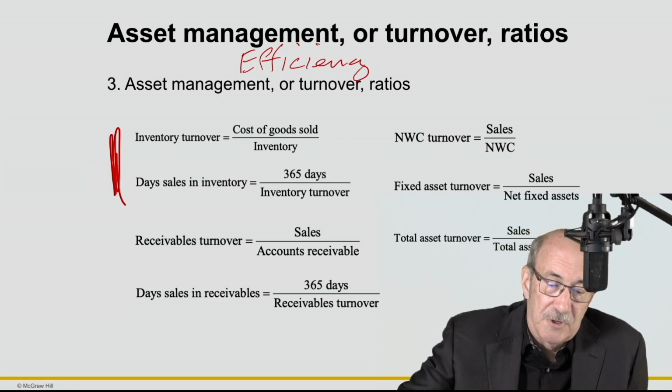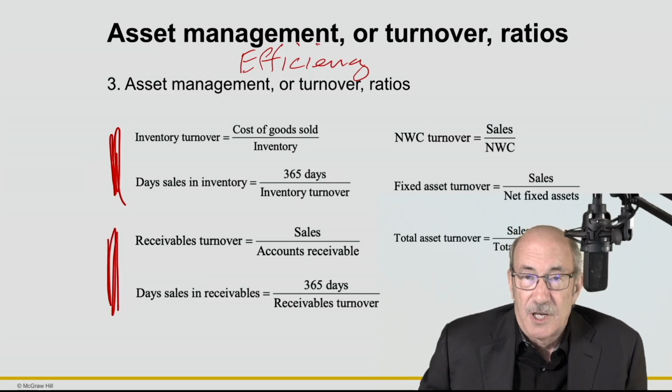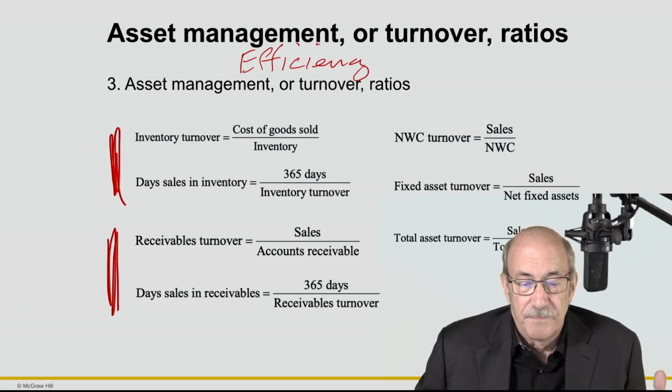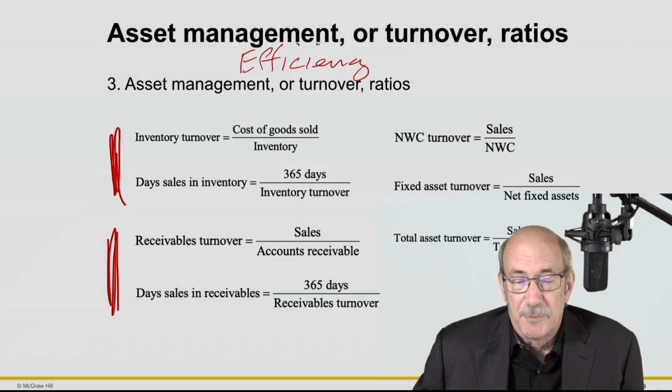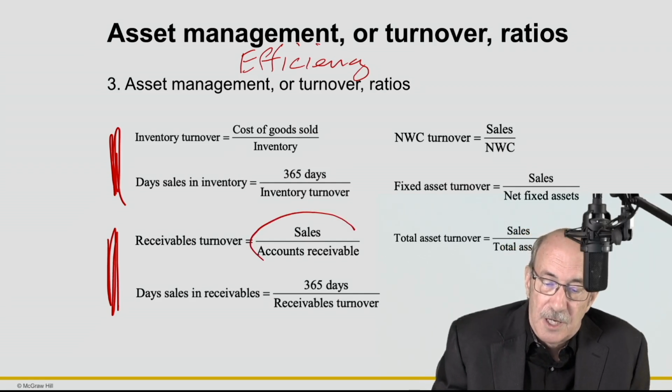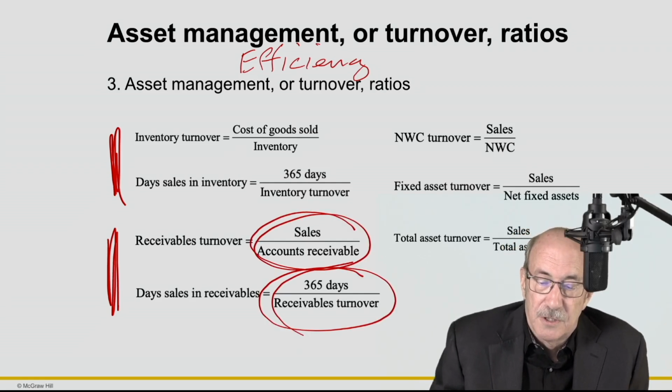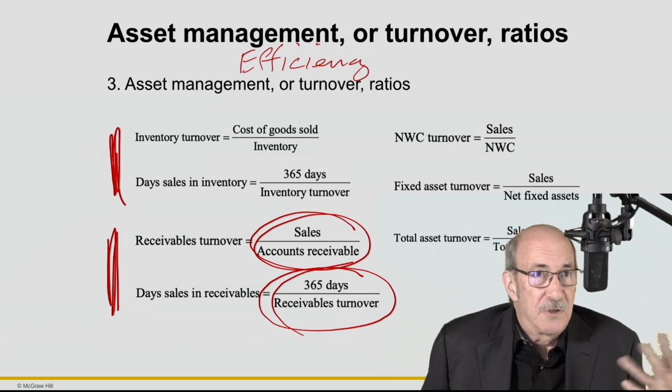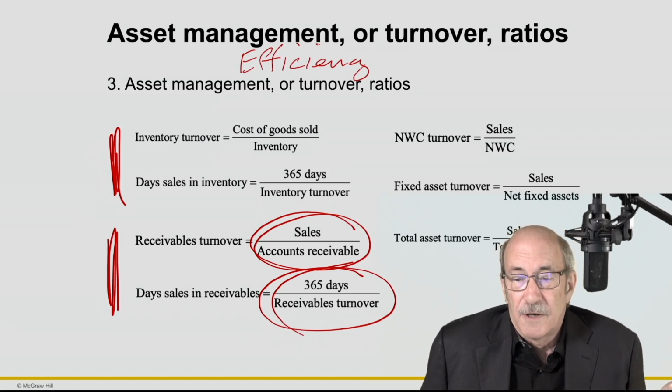Same thing here with receivables and days sales in receivables, except instead of inventory, it's accounts receivable. And so again, this measure and this measure really are getting at the same thing. So you can look at one or the other. You don't have to look at both in particular.